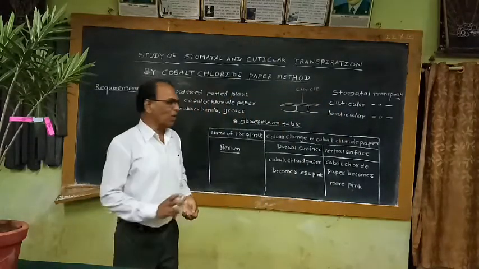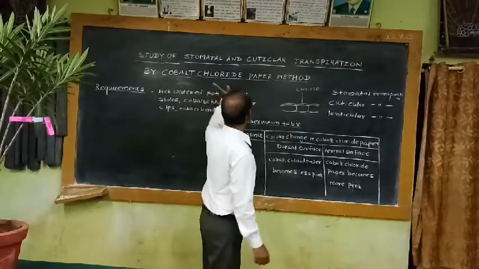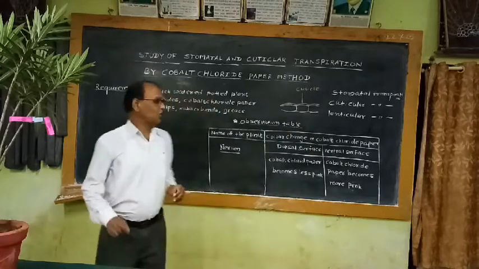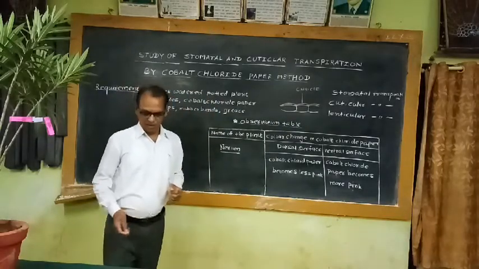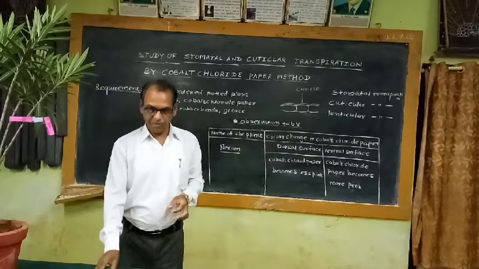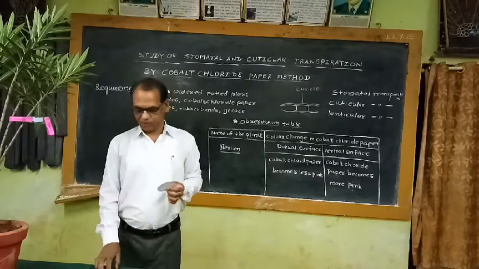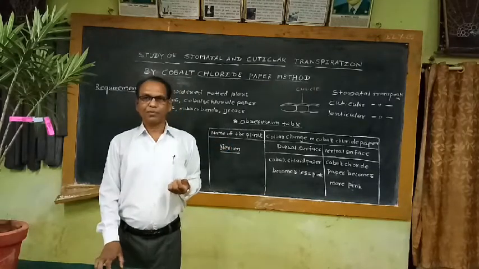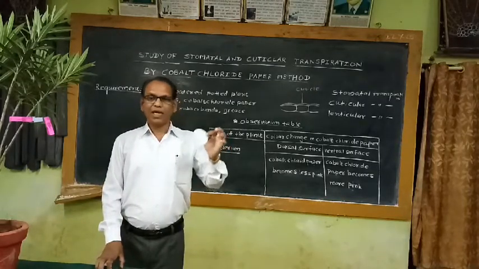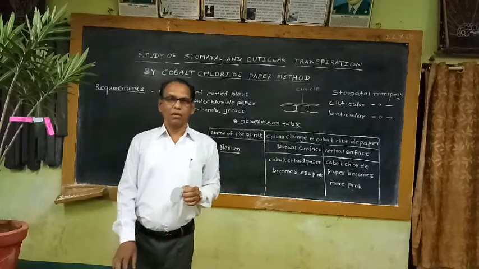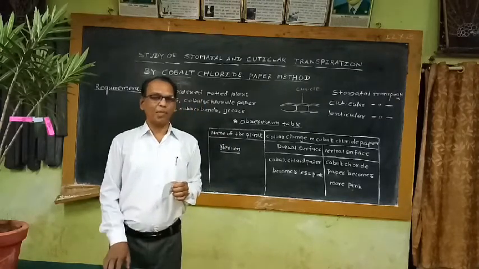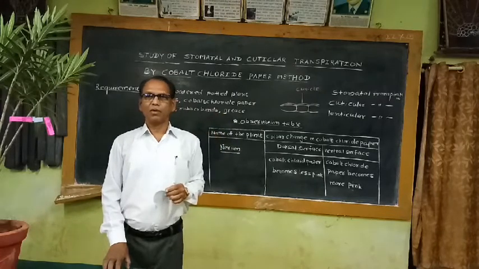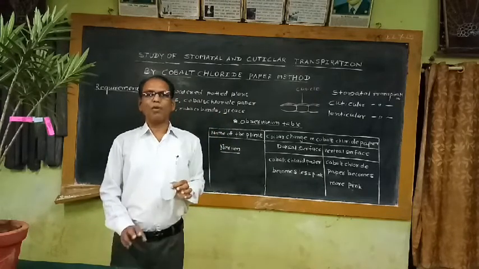Today we are going to study the stomatal and cuticular transpiration by using the cobalt chloride paper method. This cobalt chloride paper is used as an indicator. The cobalt chloride paper is prepared by taking a good quality filter paper, for example Whatman paper, which is white in color, and dipping it in cobalt chloride solution.